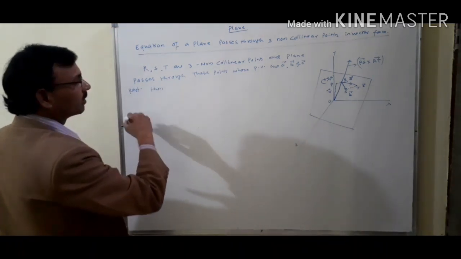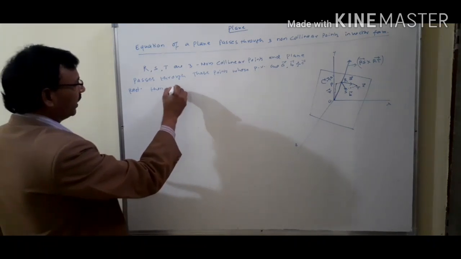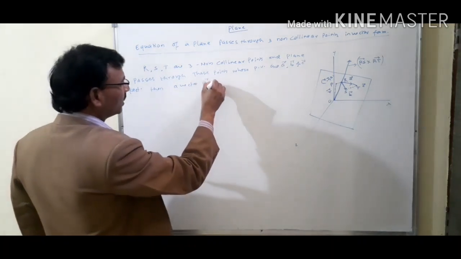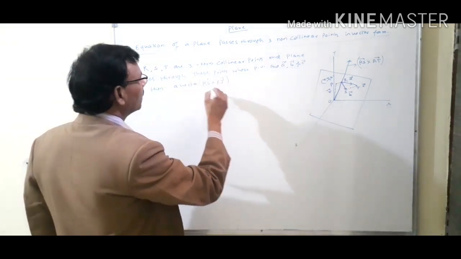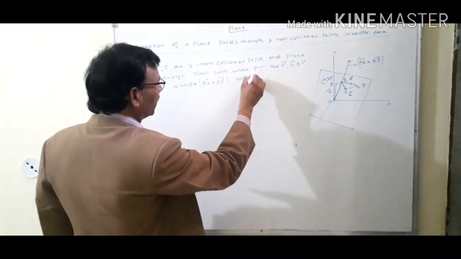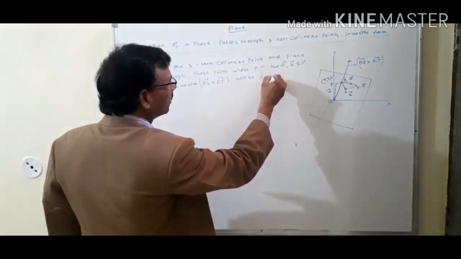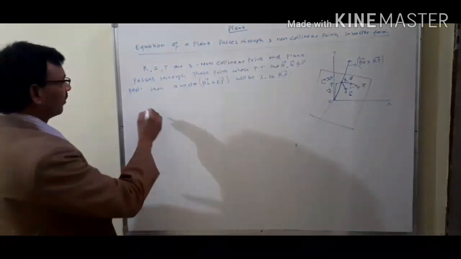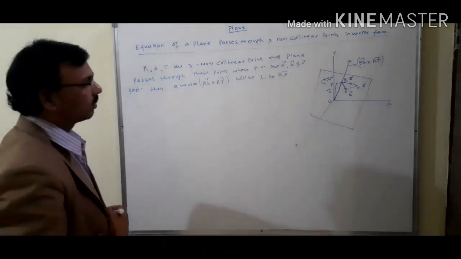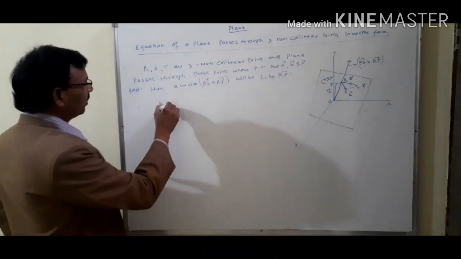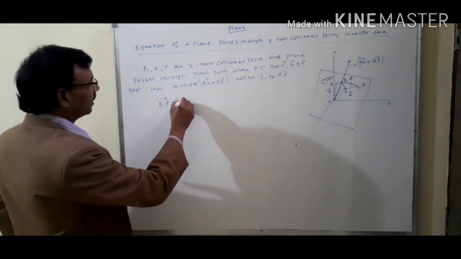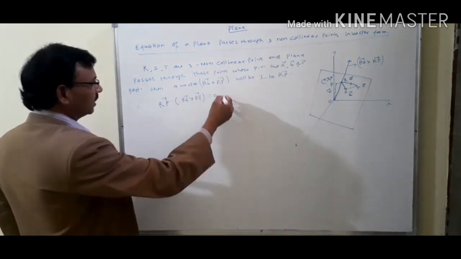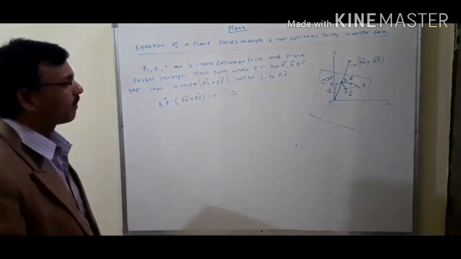Then RS cross RT will be perpendicular to the RP vector. Therefore, by the property of the product of two perpendicular vectors, RP vector dot RS cross RT is equal to 0. This is equation first.